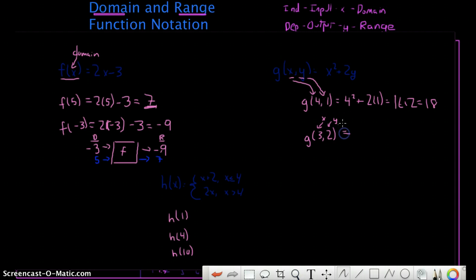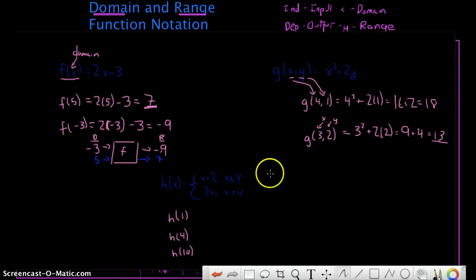So I do my x squared, which is 3 squared, plus 2 times y, so 2 times 2. 3 squared is 9, 2 times 2 is 4, I add those, I get 13. So there are more complicated things that we can do by setting up a function like this.